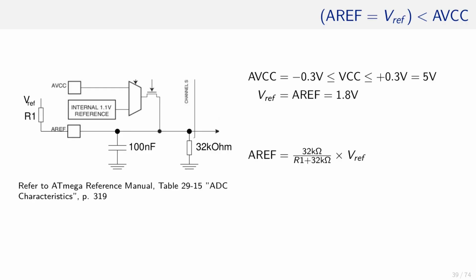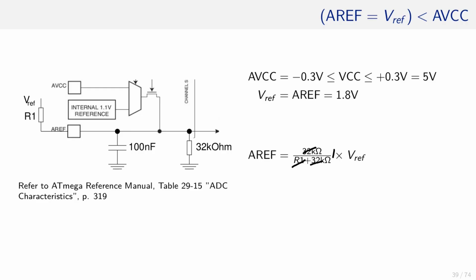Ideally, for my 1.8 reference voltage, I would like to keep R1 as small as possible. If I set it to 0, then this fraction becomes 1, and AREF equals VREF.